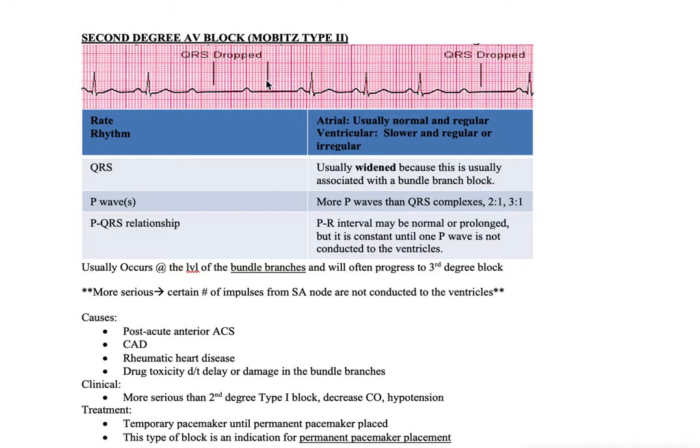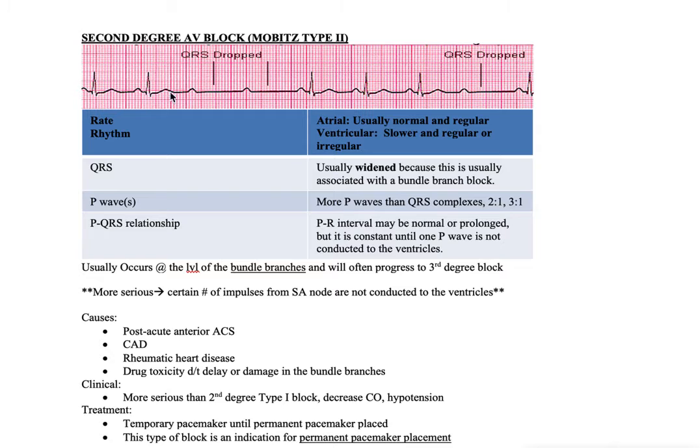Well, it's because of these drops, right? If you were to take some calipers and look at this rhythm, you would see that for the most part, the atrial rhythm, all your P waves, atrial firing off, are going to be normal and regular, right?